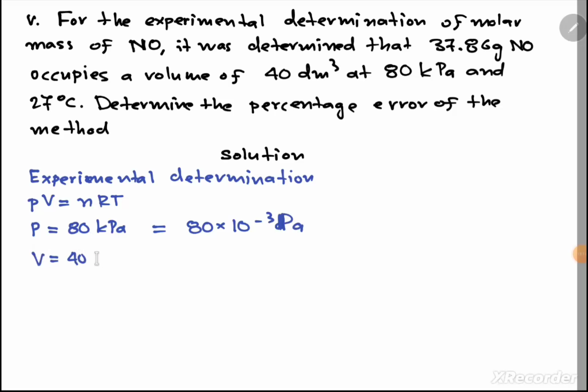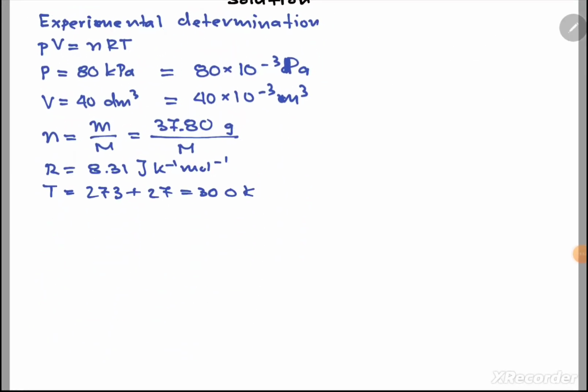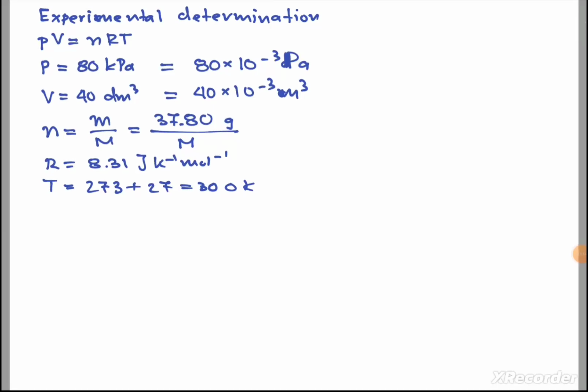Volume 40 dm to the cube, so we have to find meter to the cube. The number of mole is equal with the mass divided for the asking molar mass.